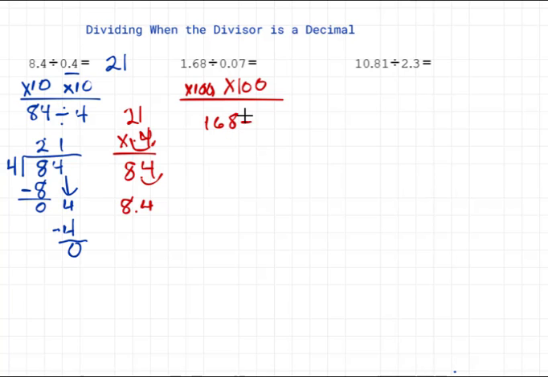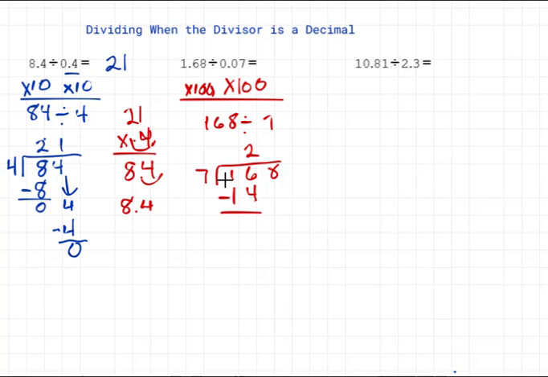168 divided by 7. Set this up in standard form. 7 can't go into 1, but 7 can go into 16. Since 7 can't go in evenly, I always ask how many times can it go in without going over? 7 goes into 16 2 times. 2 times 7 is 14.